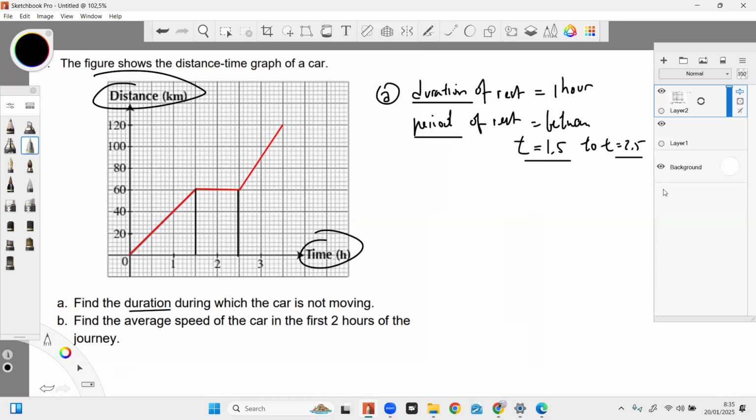Do you know the difference between duration and period? The duration is only the time taken, and the period is from time something to time something.